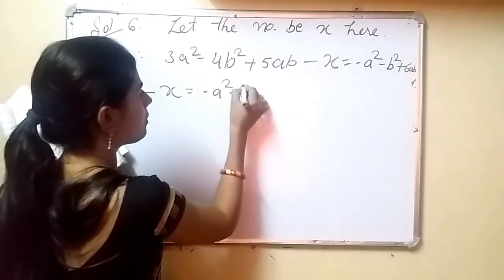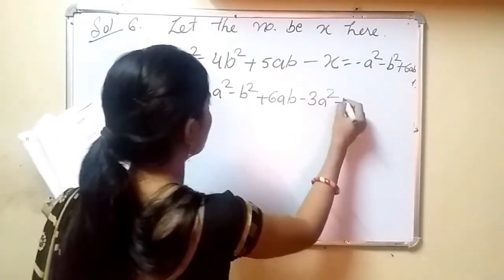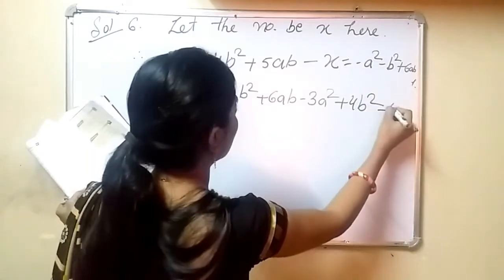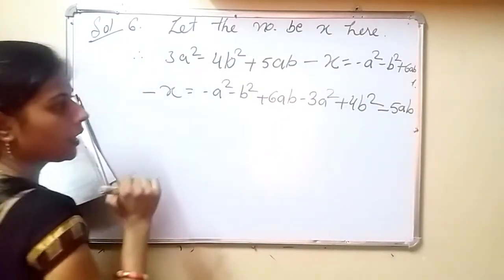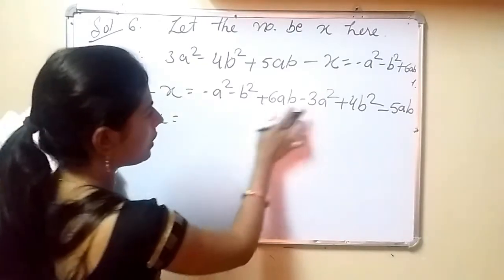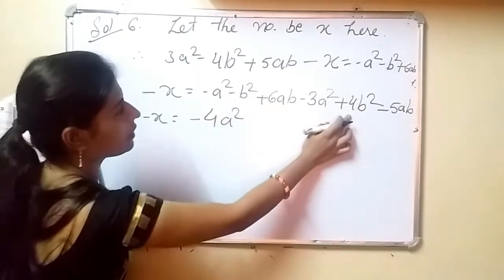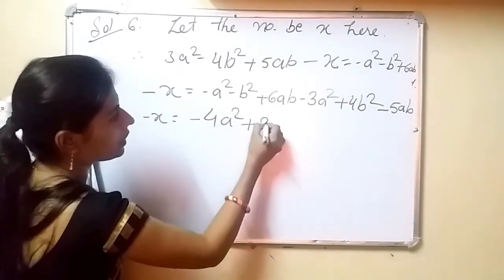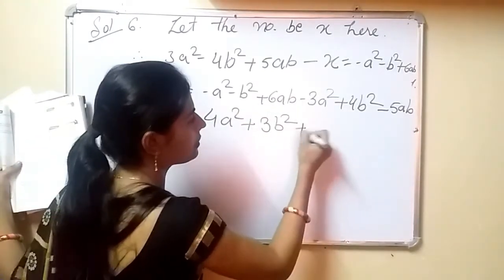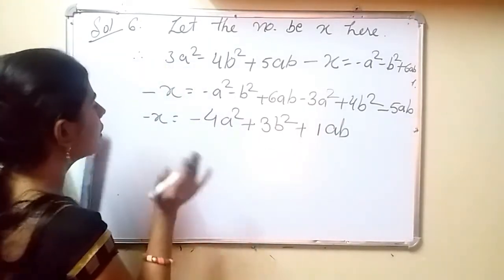So minus a square minus b square plus 6ab minus 3a square plus 4b square and minus 5ab. Minus x will remain as it is. Now minus a square minus 3a square becomes minus 4a square, minus b square plus 4b square becomes 3b square, and 6ab minus 5ab becomes ab.